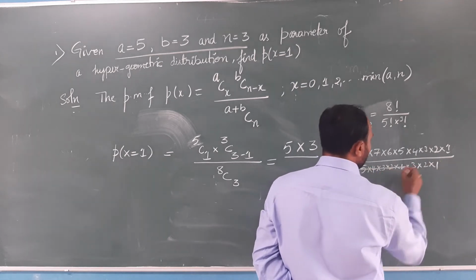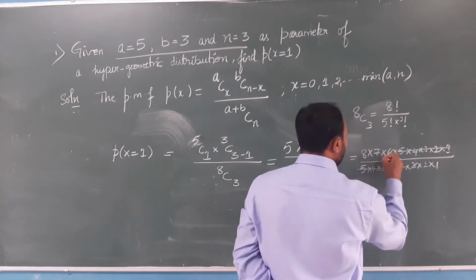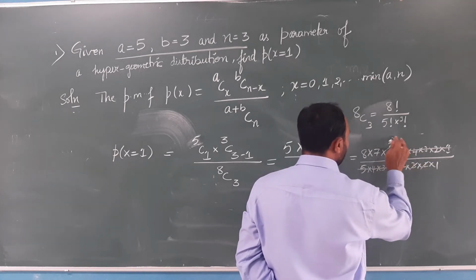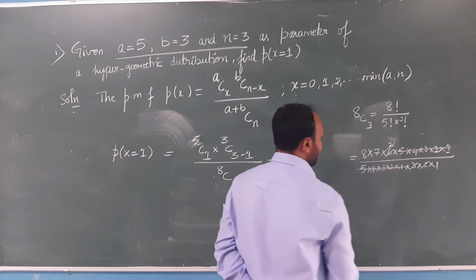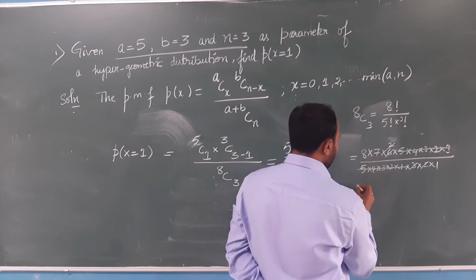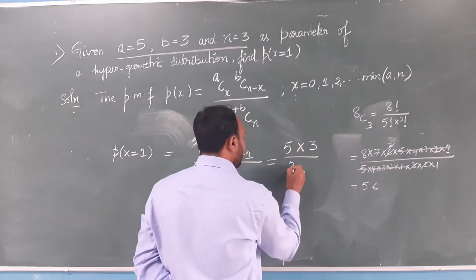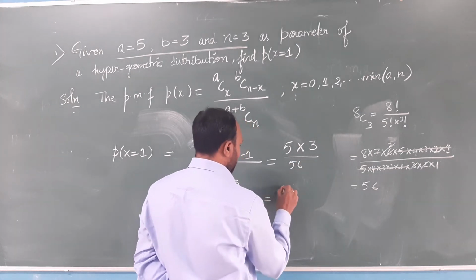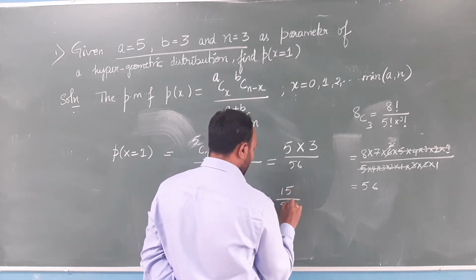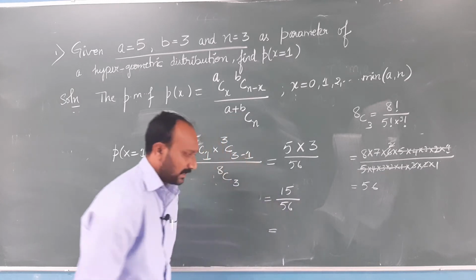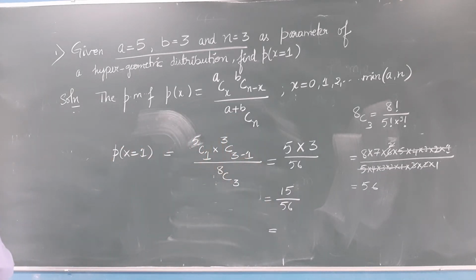The common factors cancel, so 8 sevens are 56. So 5 threes are 15 divided by 56. The answer is 15 divided by 56.